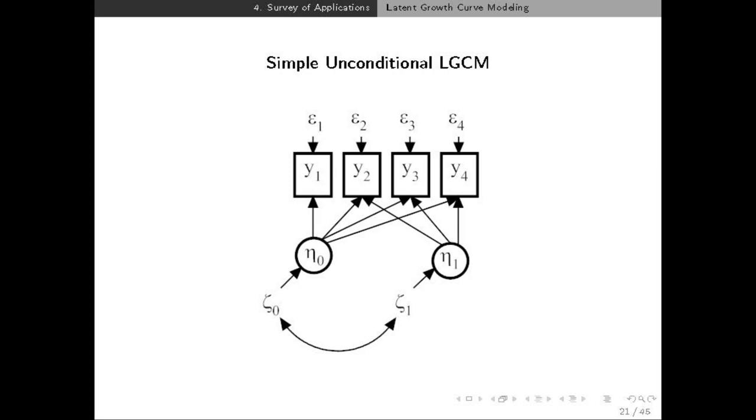And so the latent variable mean is the intercept value for this longitudinal series, and the mean of the eta2 variable is the average change per time point in the latent variable.